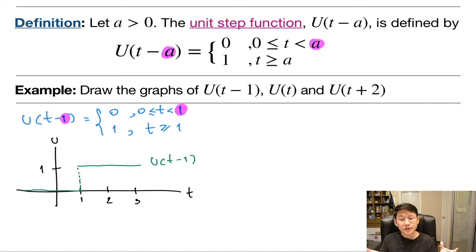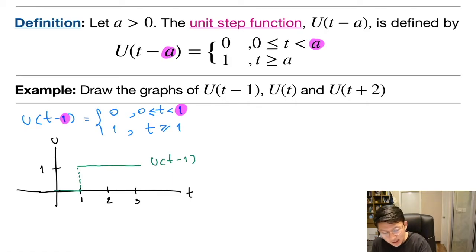Does it make sense? Because u(t minus 1) is 1 when t is bigger or equal to 1. Okay, and it's 0 when t is less than 1. Okay, sorry, there's a typo here. I shouldn't draw a graph when t is less than 0 because it's undefined. So the graph starts when t is 0.